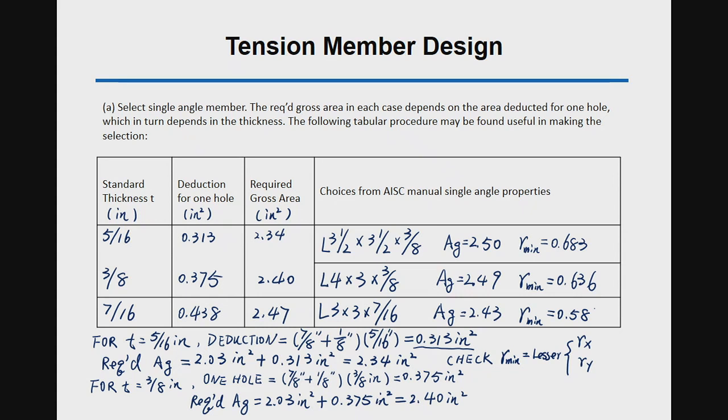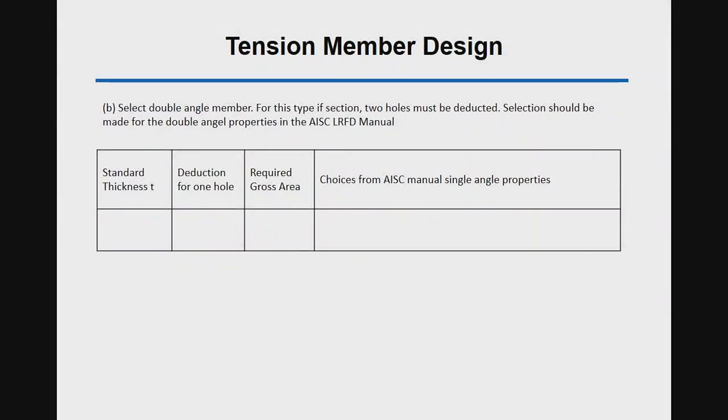All right. So that's the example of selecting a single angle member, and we can also try the double angle member, right? So similarly, we can try the standard double angle member with a standard thickness of 1/4 inch.